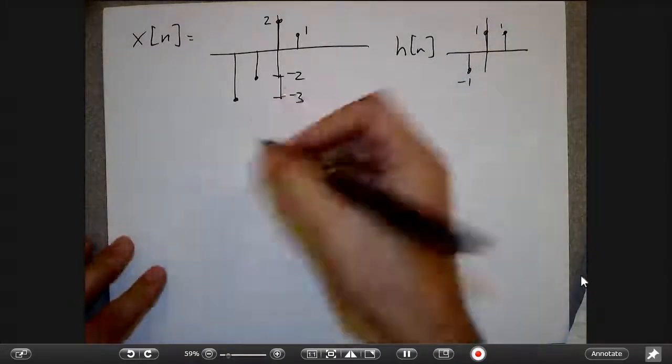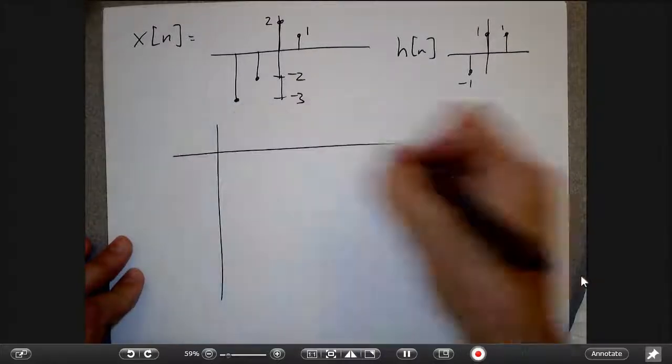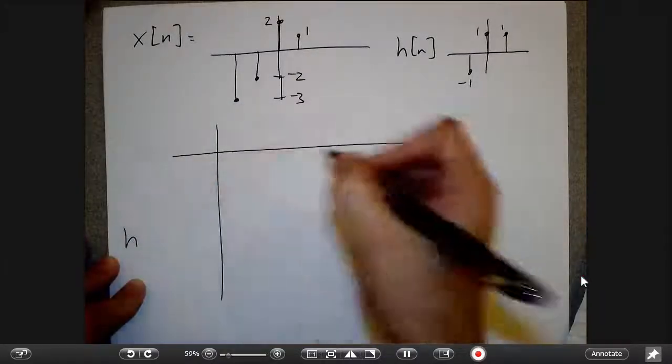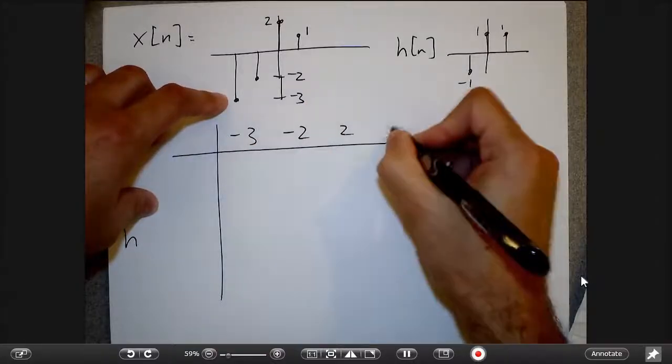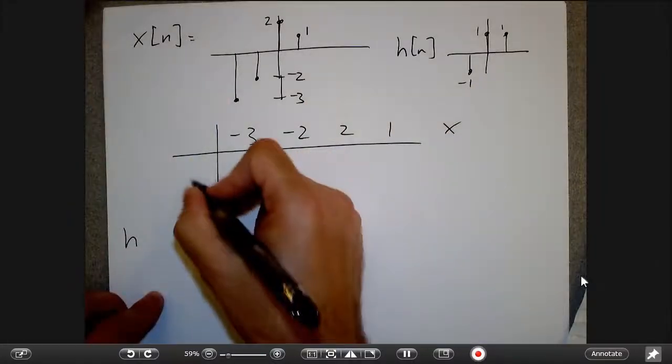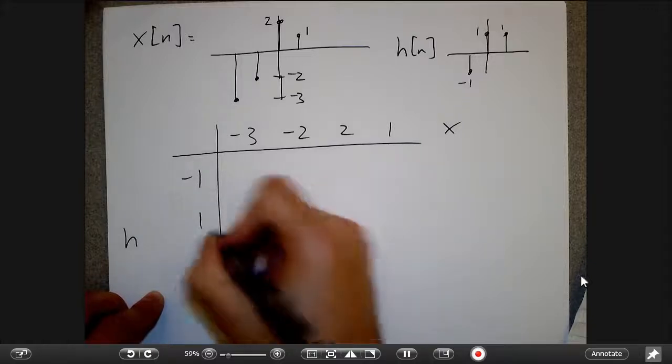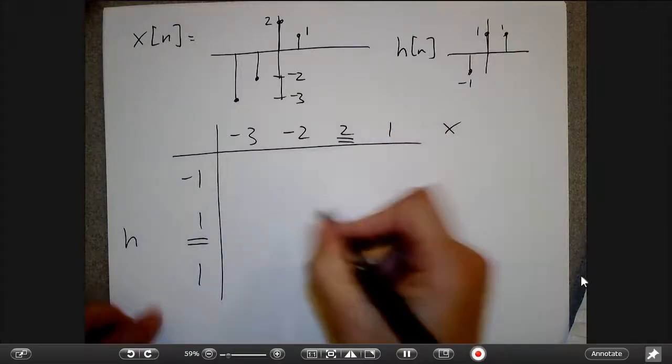Okay? And so the convolution array method would tell me I take x, I take h, I number the values, so I have minus 3, minus 2, 2, 1. I take h, I get minus 1, 1, 1. 0 element is here, 0 element is here.